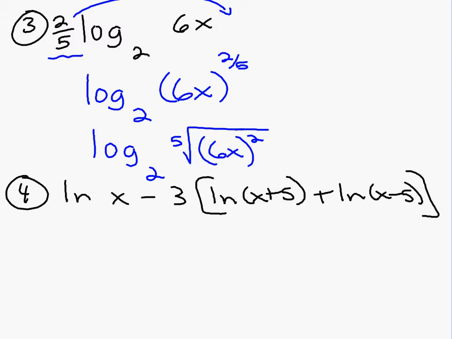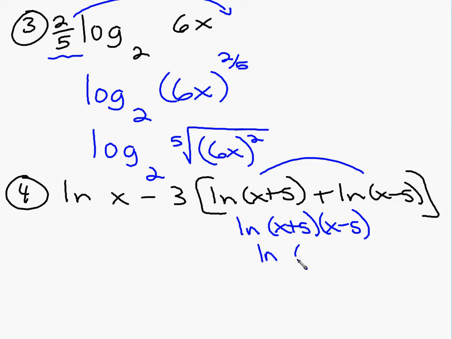So if I want to bring these two together, then I have the natural log of x plus 5 times x minus 5. Now, can't I simplify that even some more? Isn't that the difference of two squares? I could make this the natural log of x squared minus 25. Now, the rest of this is still the same. This is the natural log of x minus 3 times that.